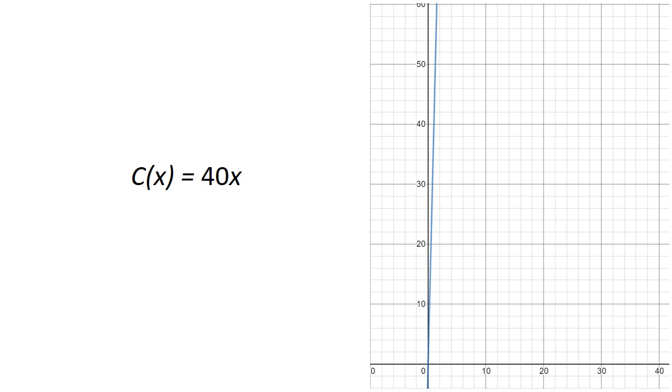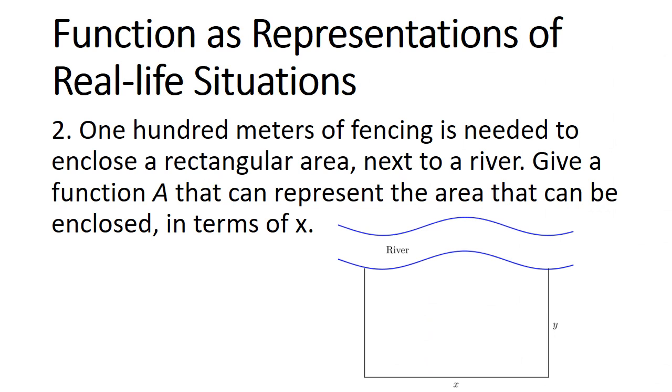So, let's have another example. Dito sa number 2, sabi, 100 meters of fencing is needed to enclose a rectangular area next to a river, as shown. So, nakikita natin dito sa picture. Give a function A that can represent the area that can be enclosed in terms of x. So, ang hinahanap sa atin is a function na magre-represent dun sa area na pwedeng ma-enclose in terms of x only.